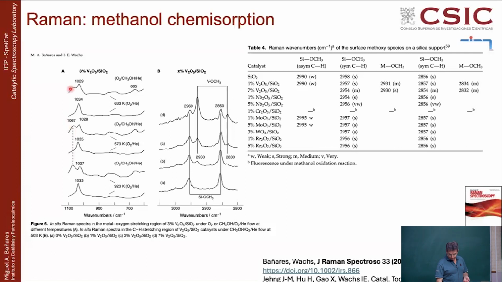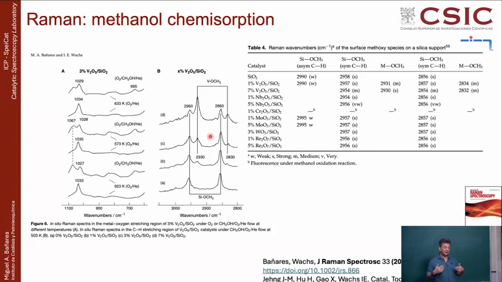Here you have a quick summary on the right side for the Raman bands on the different catalysts at different conditions, mainly the vibrations around 2900 for the CH vibrations. What is important is that when you are chemisorbing methanol, like in the case of infrared, you are getting a lot of information.